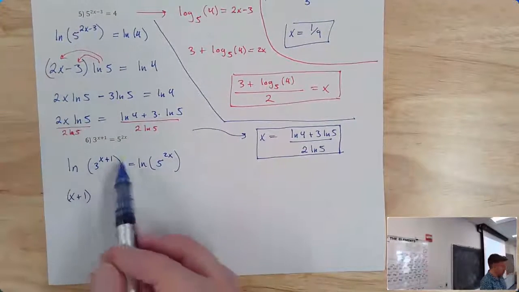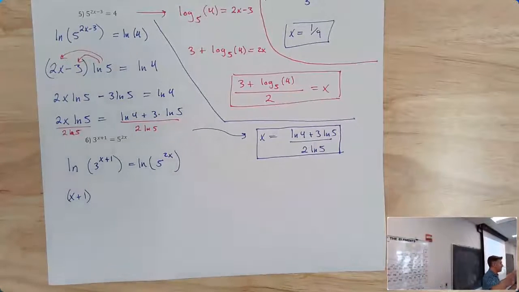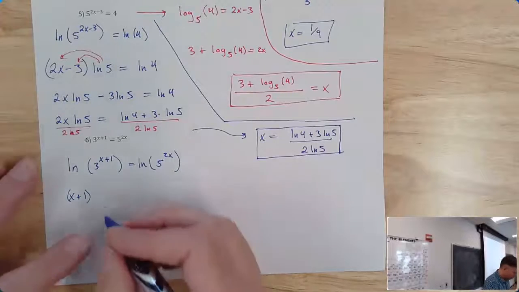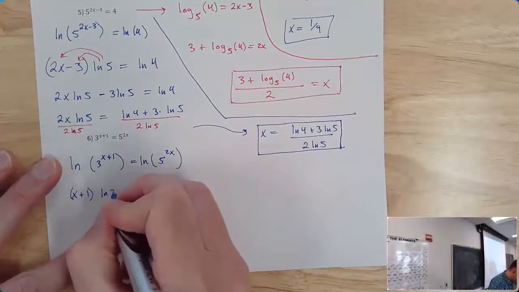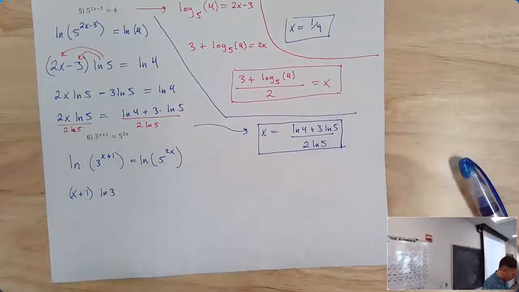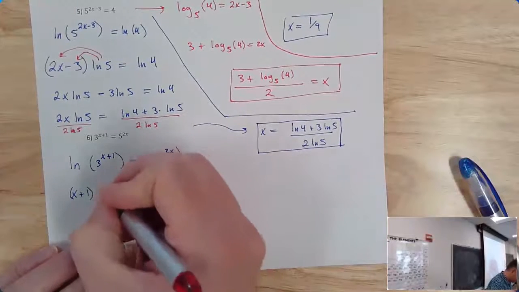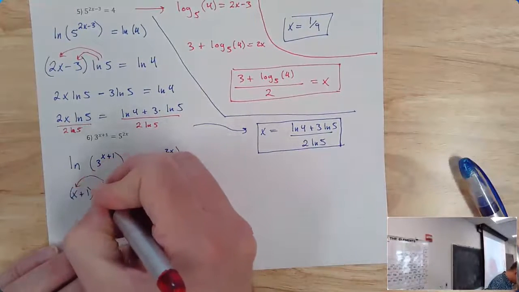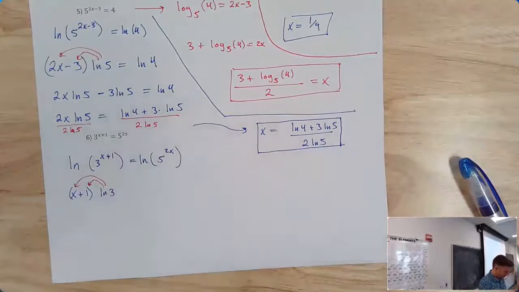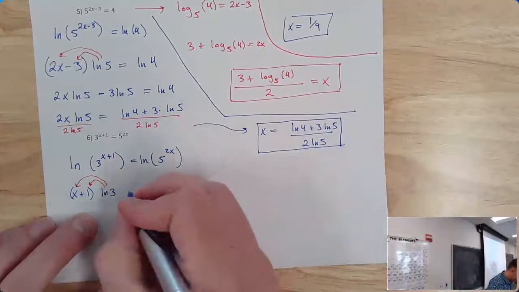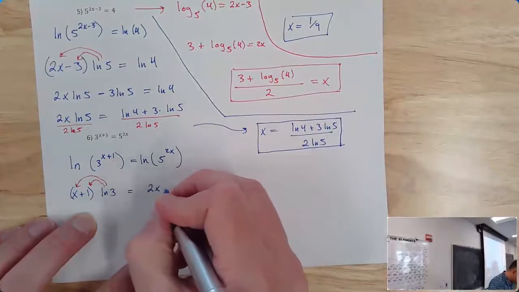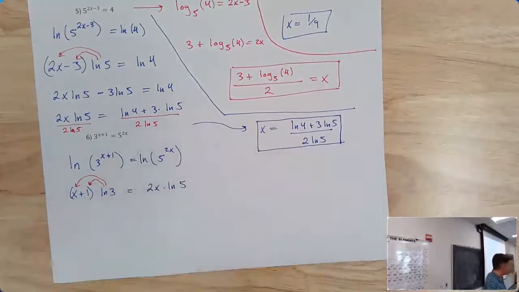So make sure that when you bring down those powers, if it's like something plus something or something minus something, you put parentheses around that so that you know that you're going to have to distribute this natural log of 3 to each of those things. And then on the right-hand side, I just have 2x times natural log of 5. No distribution needed on the right-hand side because I don't have things added together or subtracted together.